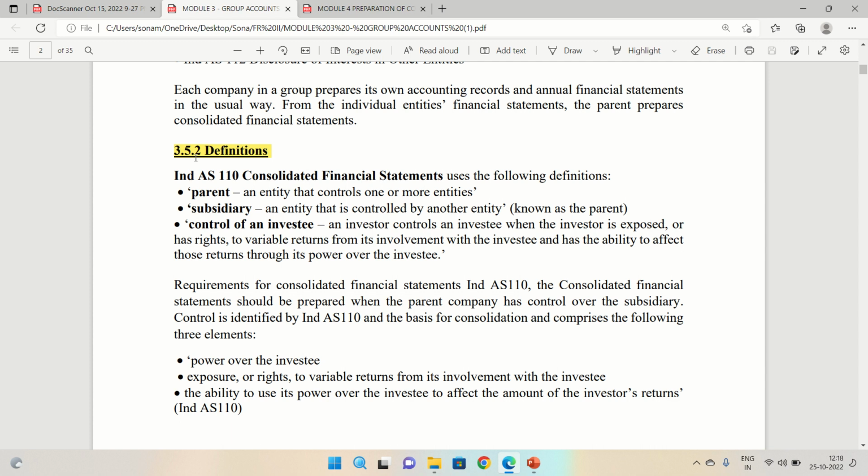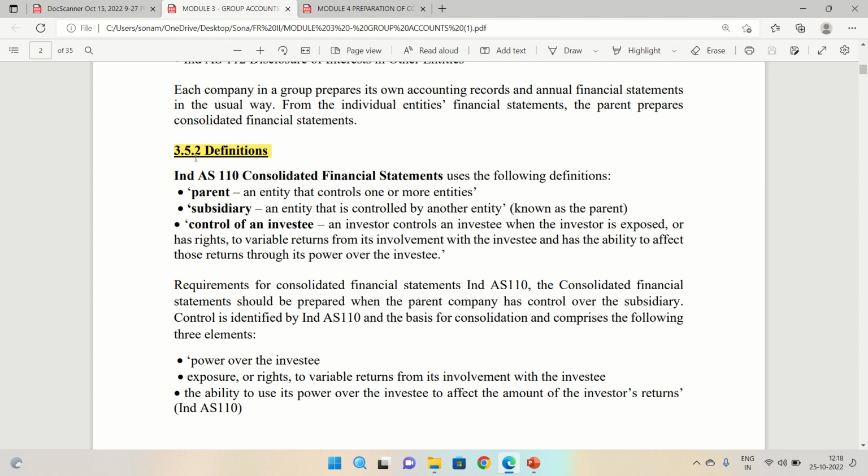An investor controls an investee when the investor is exposed or has the rights to variable returns from its involvement with the investee and has the ability to affect those returns through its power over the investee.